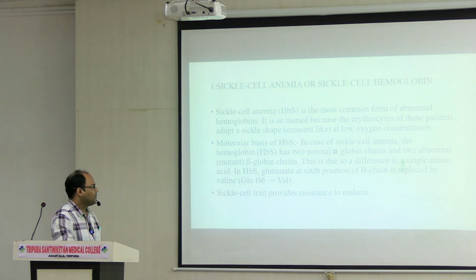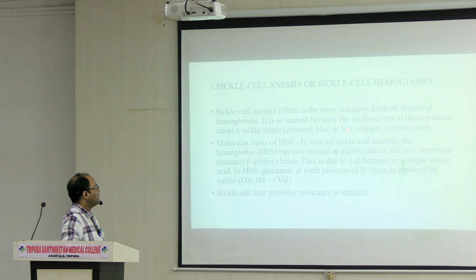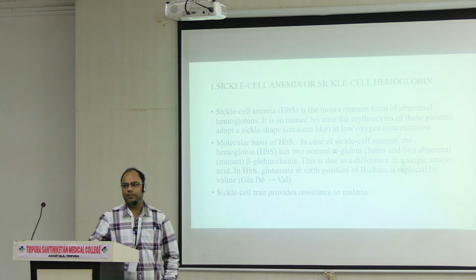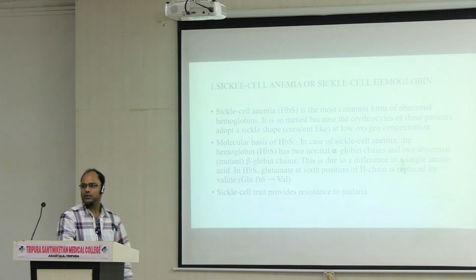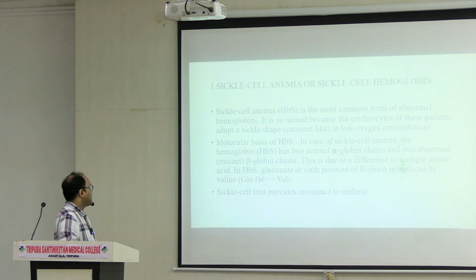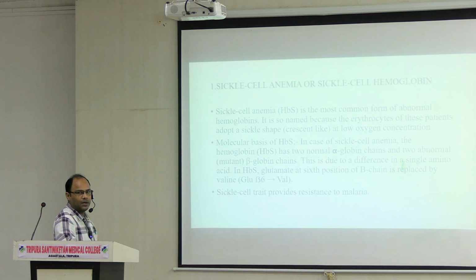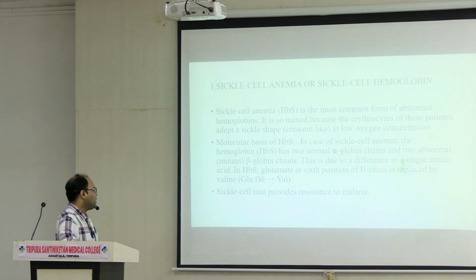Yes, because in low oxygen the RBC takes a shape like this, and inside this RBC the malaria parasite cannot survive. Understood? Okay. So if you are asked about sickle cell anemia in an exam, you must write at least this line: in HbS, glutamate at the 6th position of the beta chain is replaced by valine.